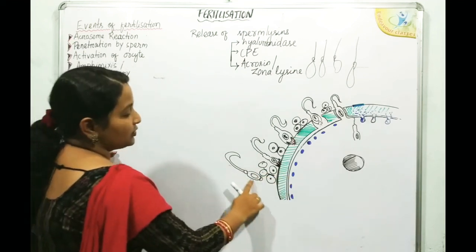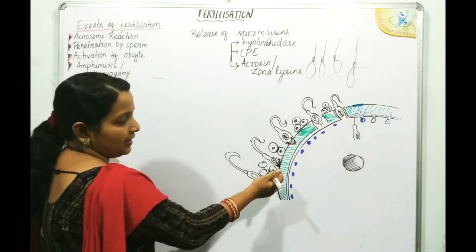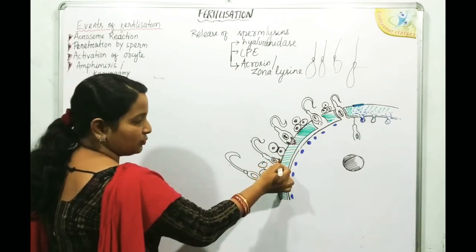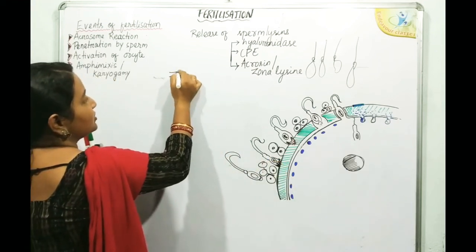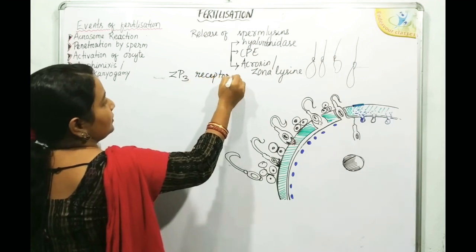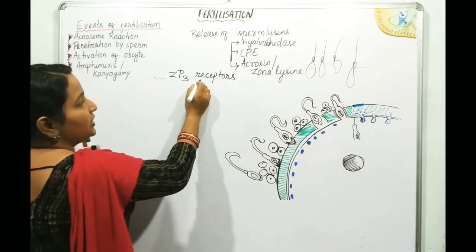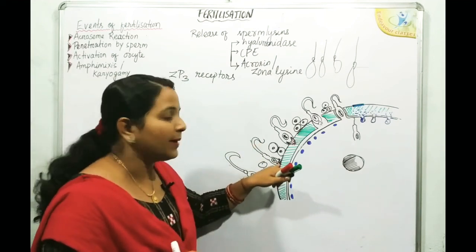Suppose the sperm has entered through this corona radiata layer and has touched the surface of the zona pellucida. Here there are certain specific receptors called ZP3 receptors, zona pellucida type 3 receptors, with which the sperm head binds.